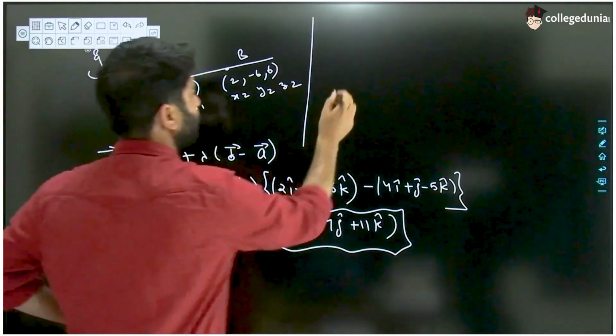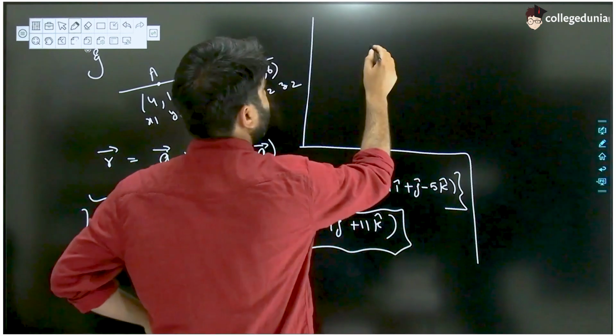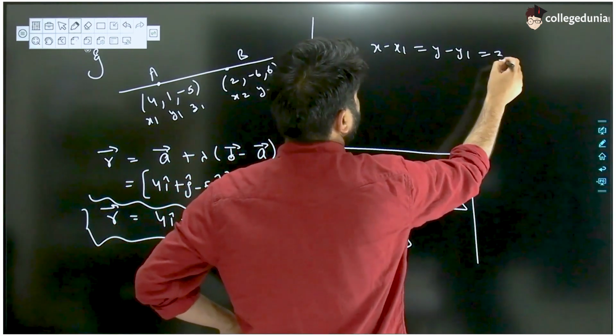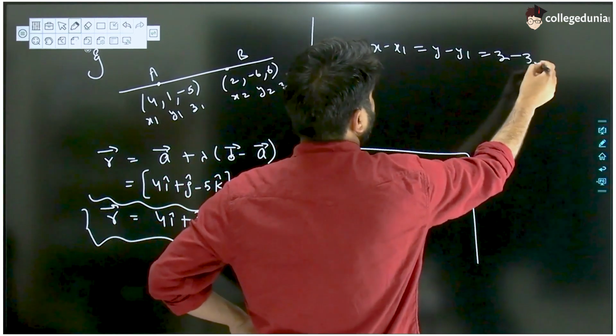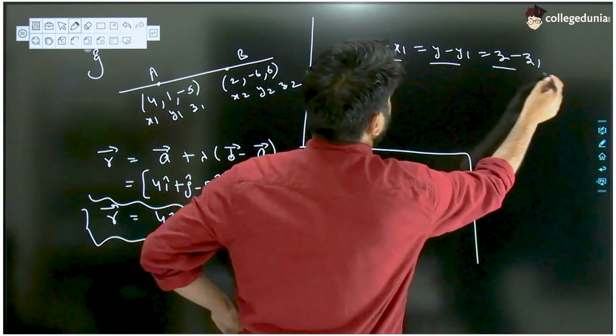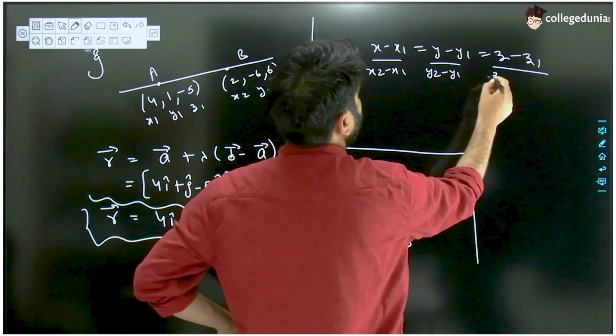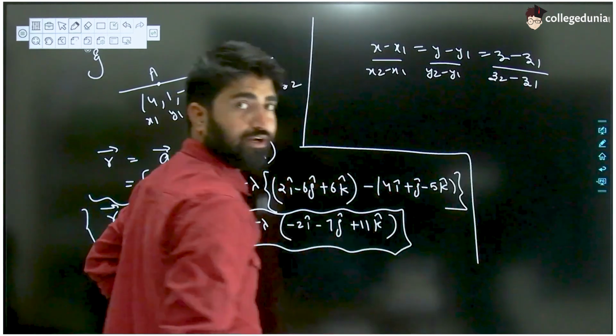We have the formula for the equation of a line when it passes through 2 points. The formula is (x minus x1), (y minus y1), (z minus z1) divided by (x2 minus x1), (y2 minus y1), and (z2 minus z1).